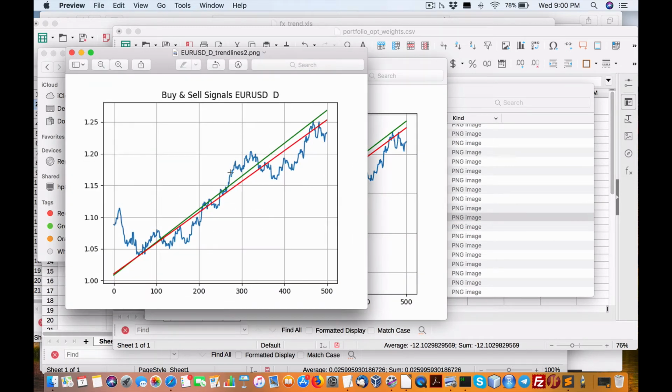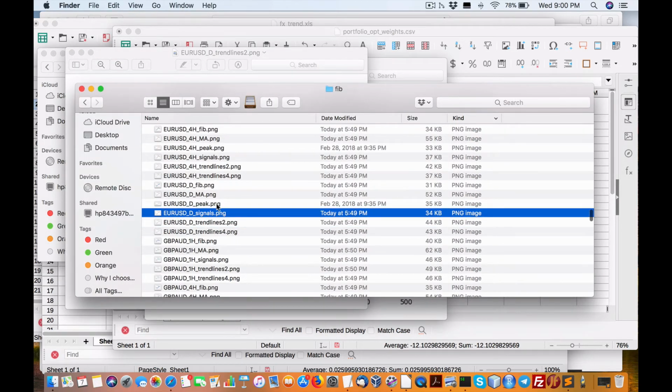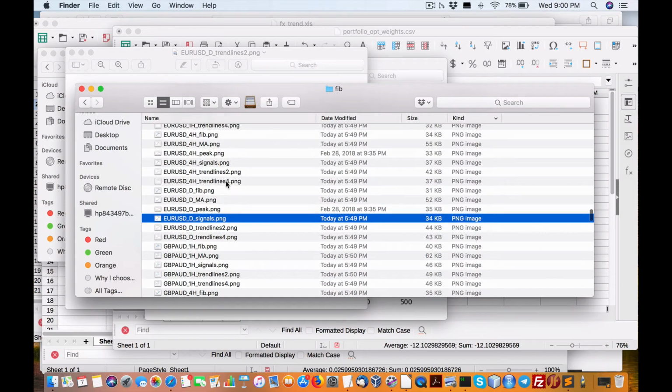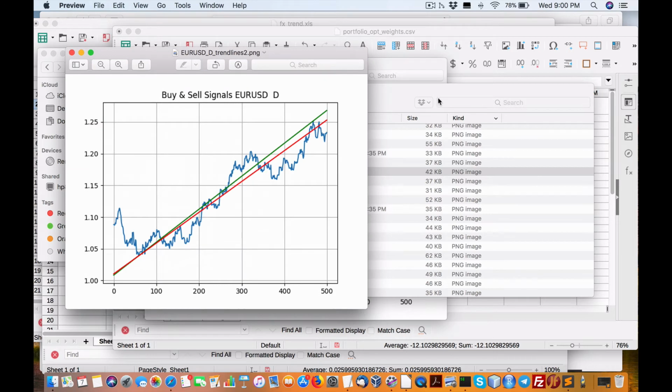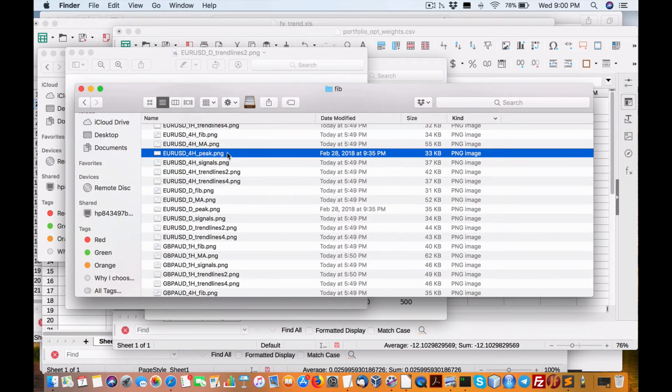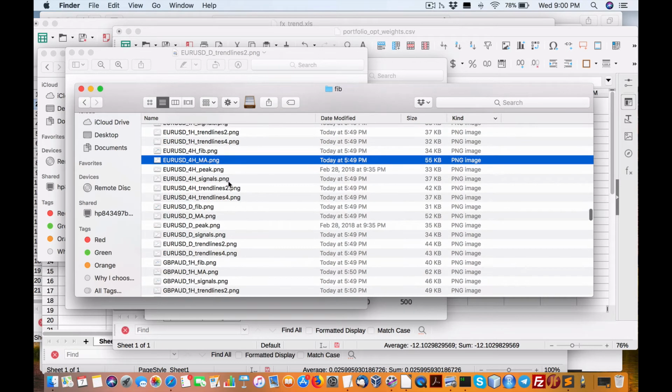But again, it's a long trend, but somewhere in there, it's thinking, let's see the 4-hour trend. See, it's coming off the hourly.